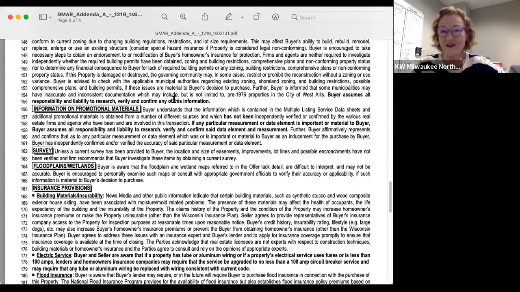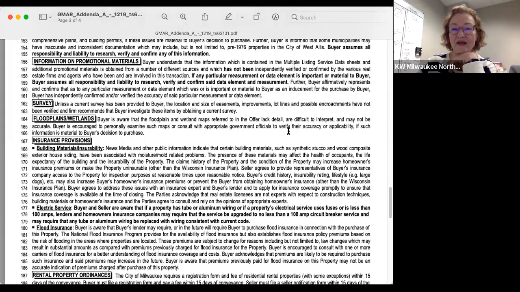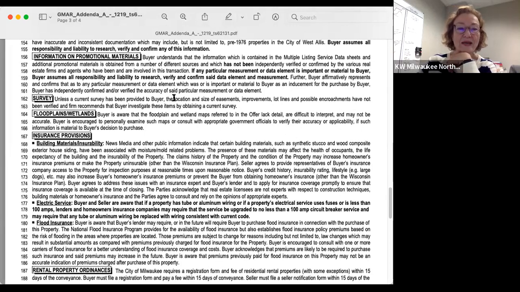Same line that's in the caution above on line 154. Further, buyer affirmatively represents and confirms that as to any particular measurement or data element which was or is important or material to the buyer as an inducement for the purchase, buyer has independently confirmed and or verified the accuracy.